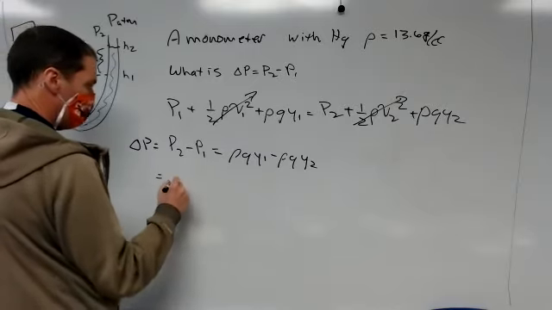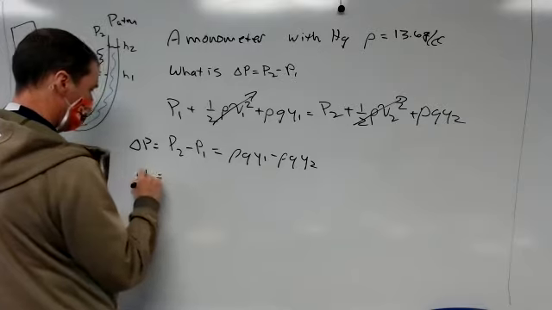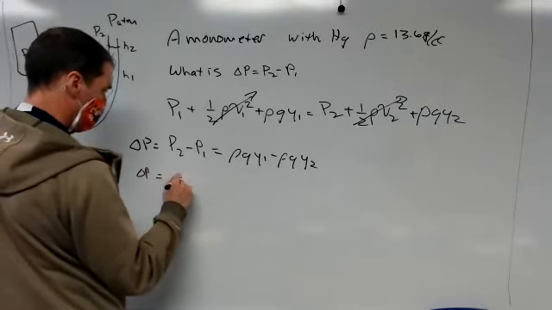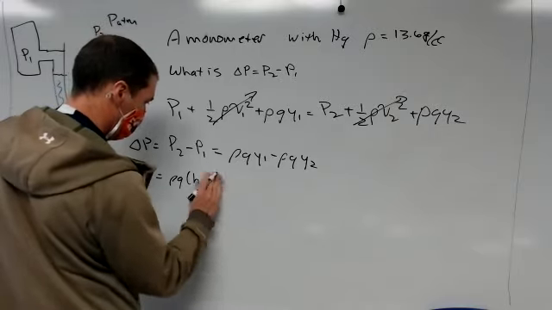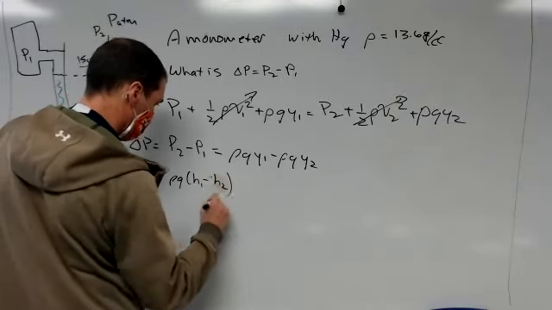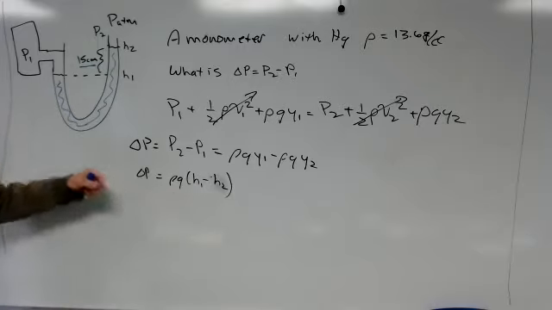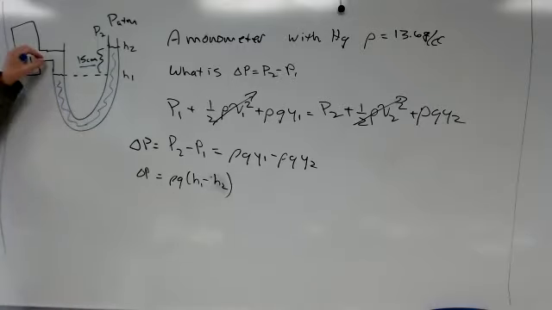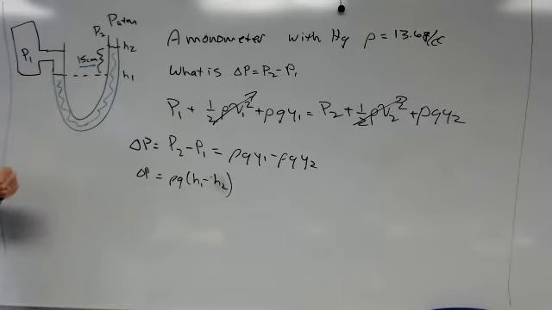And so I get delta P is equal to rho G times H1 minus H2. Which says that P1 is larger than P2, and so this number will come out negative. You can tell that P1 is larger than P2 because P1 is pushing down hard enough to raise the fluid on the other side.